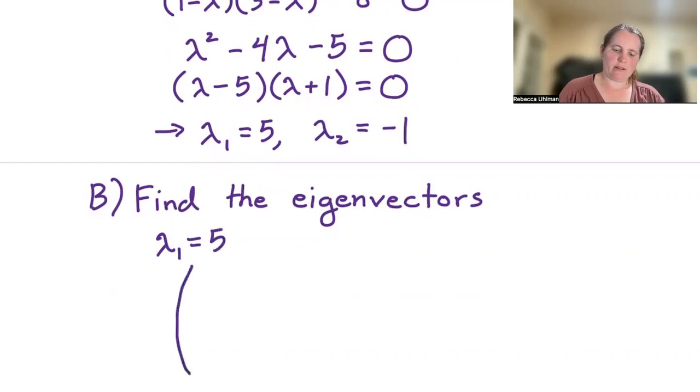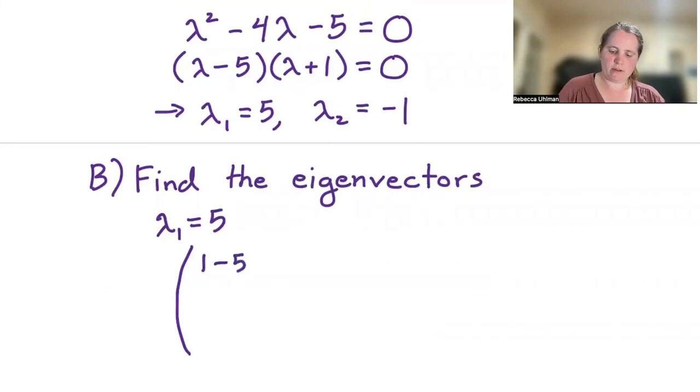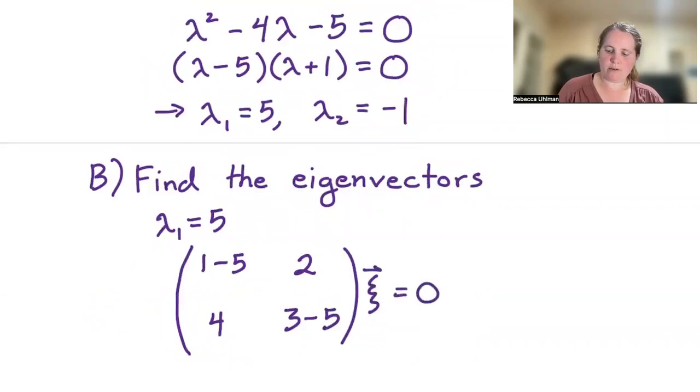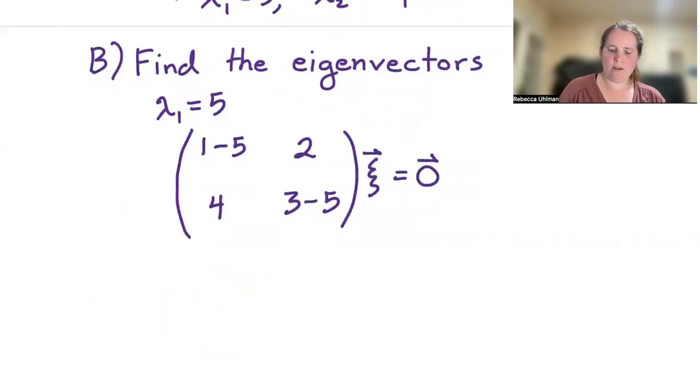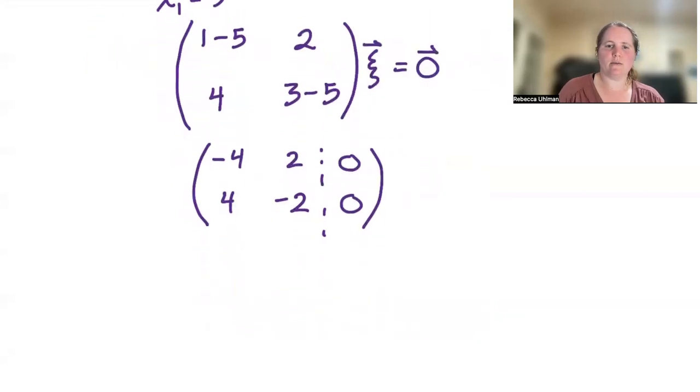So we are looking at the system 1 minus 5, and then 2, and 4, and then 3 minus 5, multiplying xi is equal to 0. So this is the augmented matrix, negative 4, 2, augmentation 0 for our first row, 4, negative 2, augmentation 0 for our second row. This gives us a free variable.